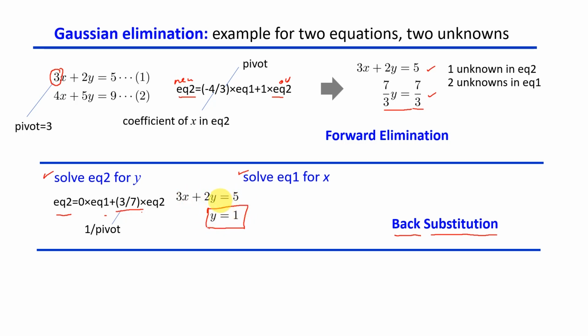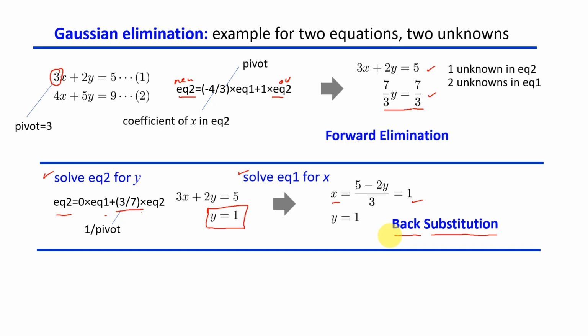Equation 1, nothing happens here. 3x plus 2y equals 5, it still remains. But now that I know y equals 1, I can solve for x from equation 1. So it's very simple now. x equals 5 minus 2y, divided by 3, and y I know already that it is 1. So 5 minus 2, by 3, equals 1. So my solution is now complete.